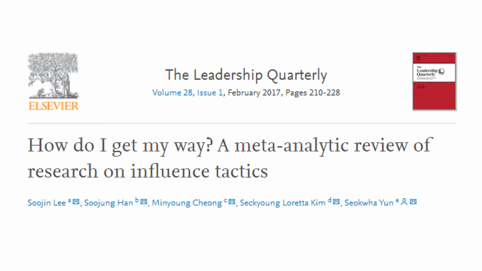In this meta-analysis review, authors investigated the effectiveness of 11 influence tactics. Specifically, the authors investigated the relationship between each of those 11 influence tactics and task-oriented and relations-oriented outcomes.